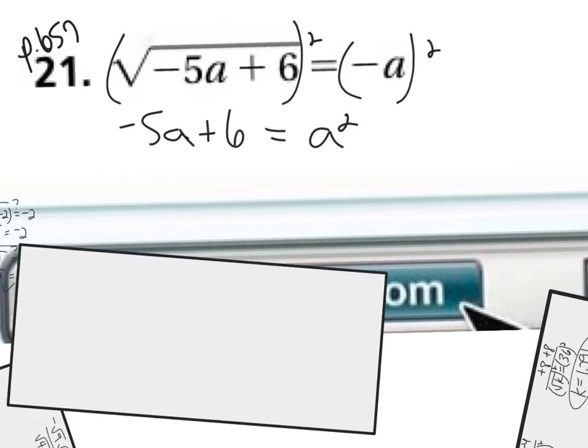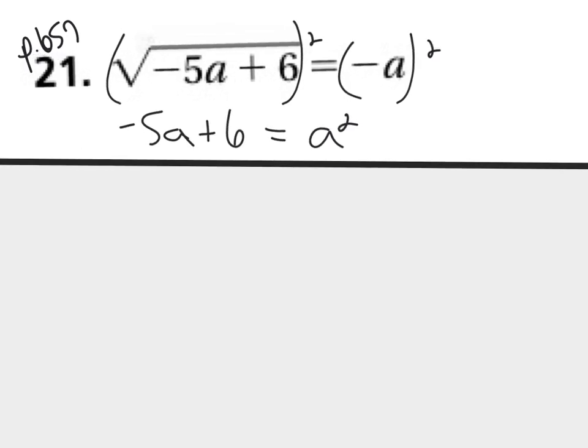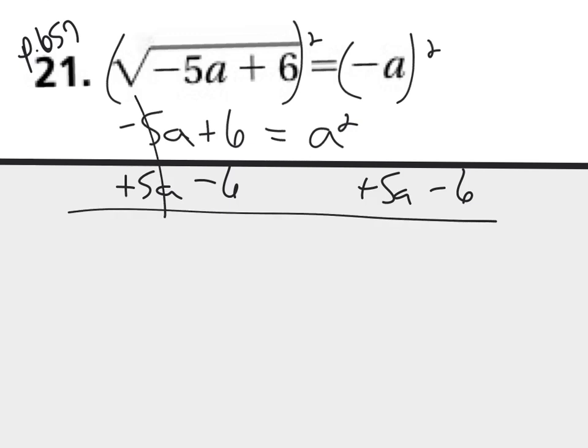It's equal to -a, but we don't know if a is positive or negative. So if it was just like equal to -5, then right away we say no solution. But as it is, a could be negative, and then the opposite of a negative would be a positive. So we're actually still in the game here.